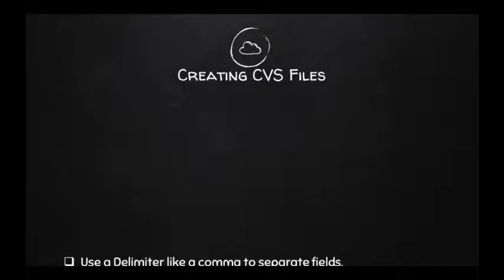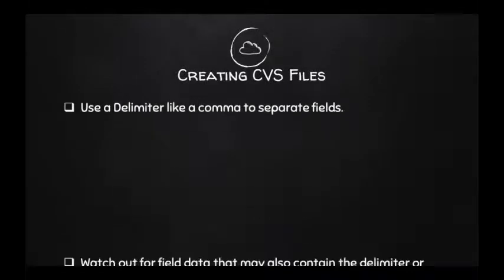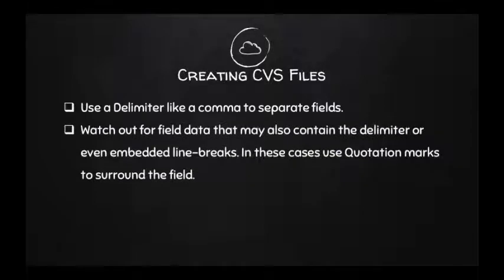That's because when you create the CSV file, you want to use the delimiter to separate the fields. So again, this could be the comma, the semicolon, or the pipe. But you've got to watch out for the field data that may also contain the delimiter or even embedded line breaks. In these cases, you want to use quotation marks to surround the fields.